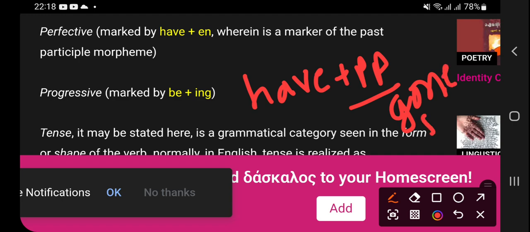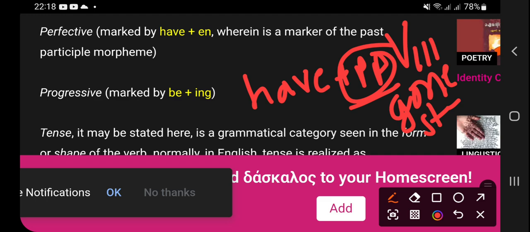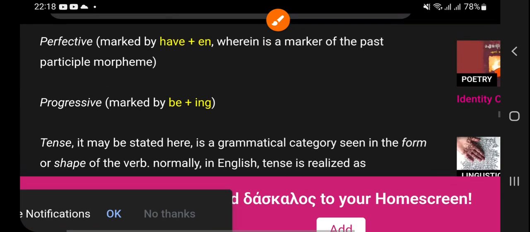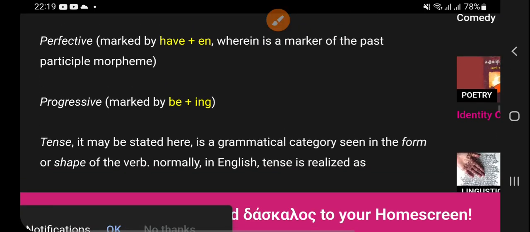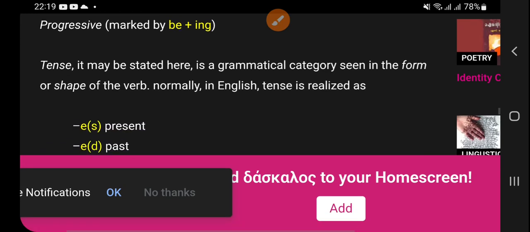Stolen. This is the third form. Past participle means the third form of the main verb. Please listen: have is followed by en, and en means the third form of the verb. It is the marker of the past participle morpheme. Okay. Now progressive.